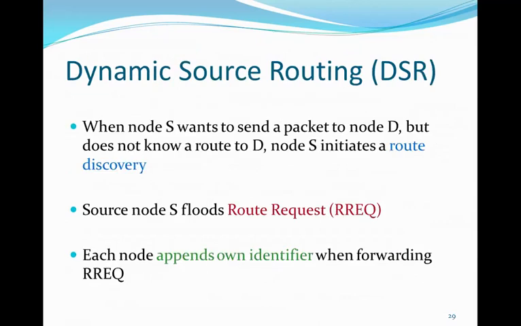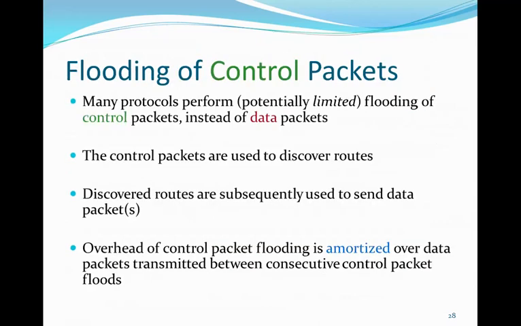Another important thing is that instead of sending all data, we should flood the control packet. This control packet has no data, only the source and destination, saying that node A or node B wants to deliver data to node D. There are many protocols which perform limited flooding of control packets instead of data packets.